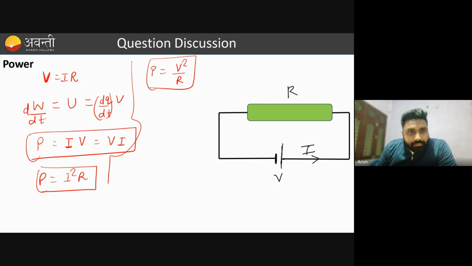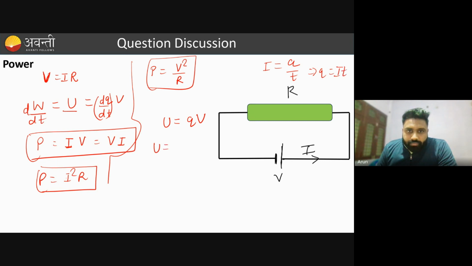Electrical energy is nothing but the potential energy, U equals Q into V. You can write I equals Q upon T, so Q equals IT.